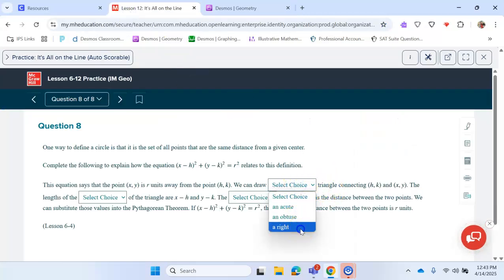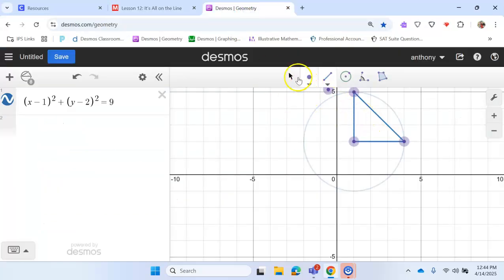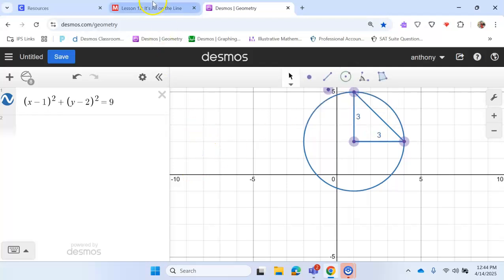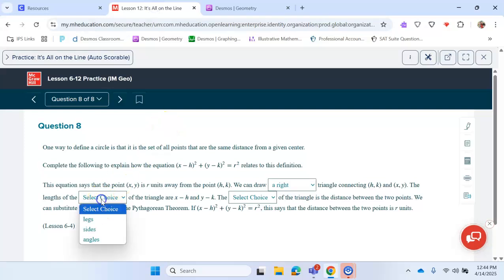The lengths of the legs of the triangle are x minus h and y minus k. In mine, the legs have a distance of 3. The hypotenuse of the triangle is the distance between the two points.